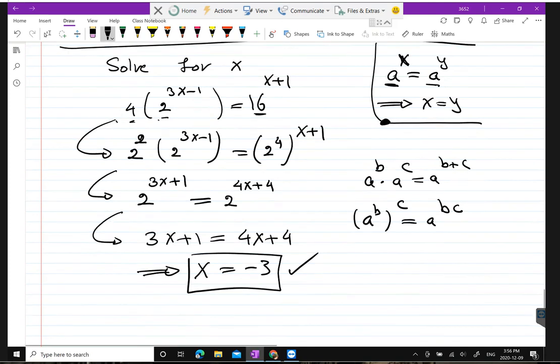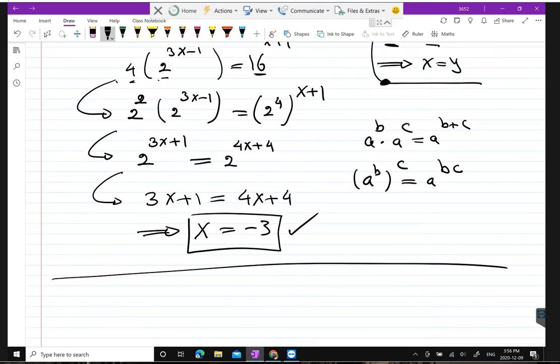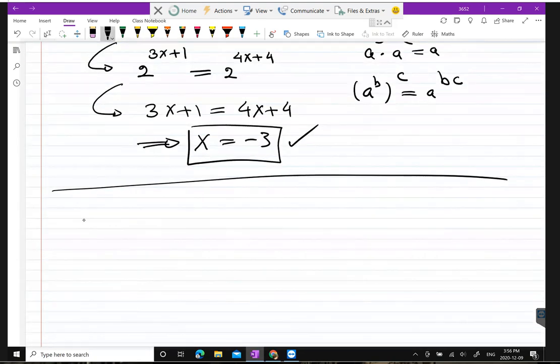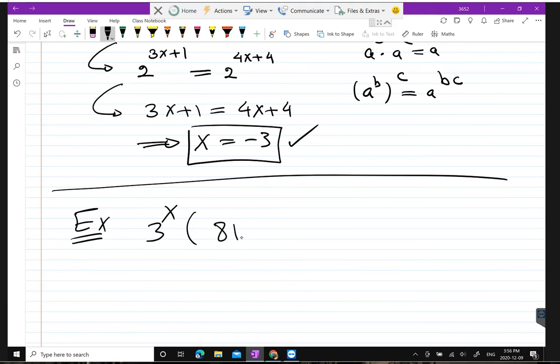And now let me give you the next example. It is 3 to the power of x times 81 to the power of 2x minus 1 is equal to 27 to the power of x minus 1. The same story, right?